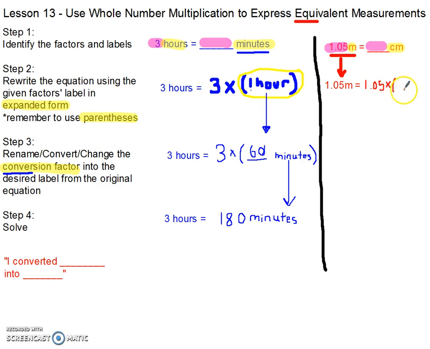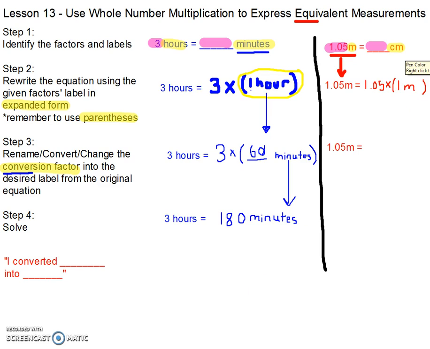And then I would draw my parentheses to show my conversion factor. And I'm writing in meters, and I would have 1 meter. So 1 5/100 of a meter is equal to 1 5/100 times 1 meter.